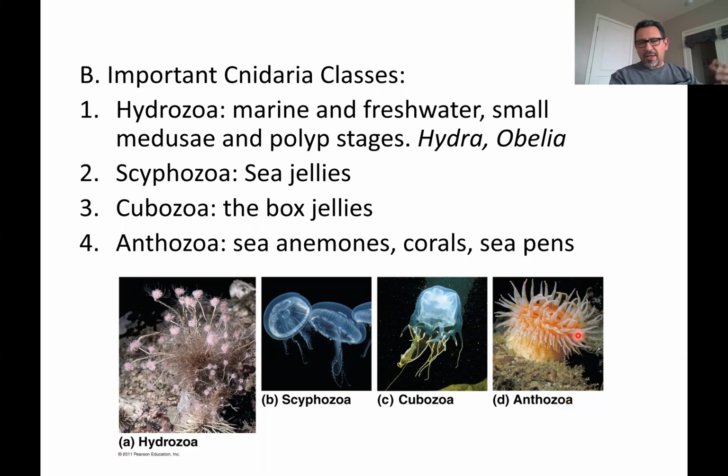Now, flowers are characteristic structures of some plants, and this is not a plant, make no mistake, this is an animal. But when you look at an anemone, sometimes the tentacles kind of give the appearance of the petals of a flower. And so that's the appearance of the animal that inspired the name they have, the Anthozoans. That is all for the introduction to the cnidarians.